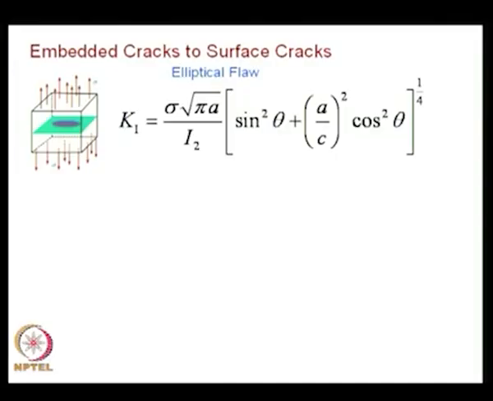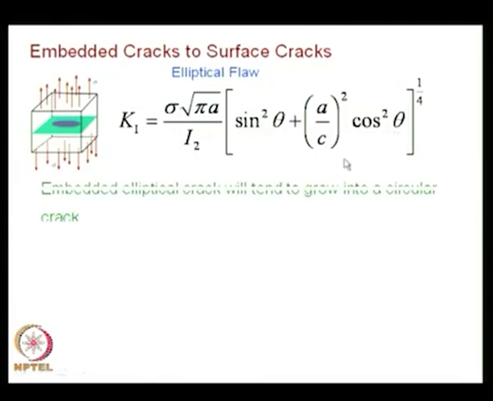So, in the case of a through the thickness crack, the stress intensity factor remained constant. This was the first instance when they found that if the flaw is elliptical in nature, you have an expression for the stress intensity factor as a function of theta. So, it varies from point to point, and we had also looked at that an elliptical crack will tend to grow into a circular crack.